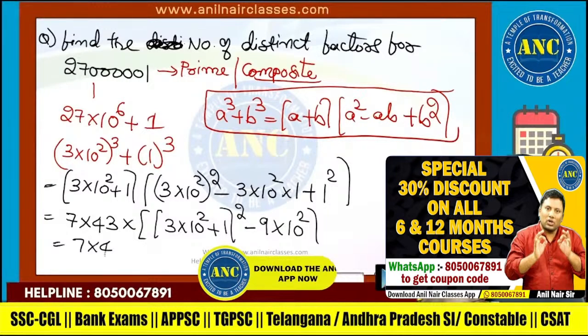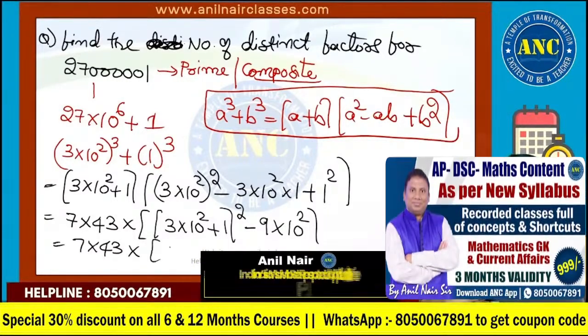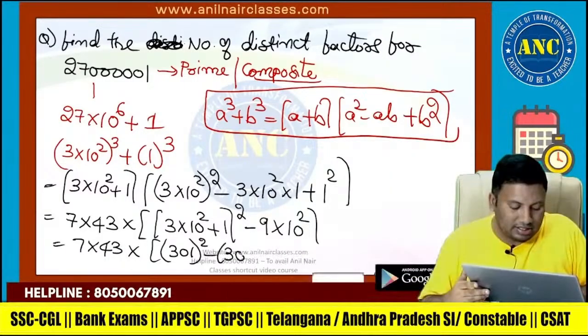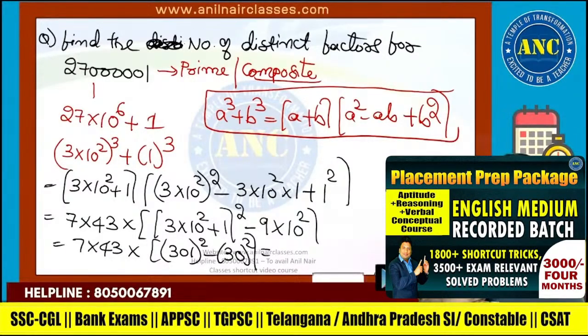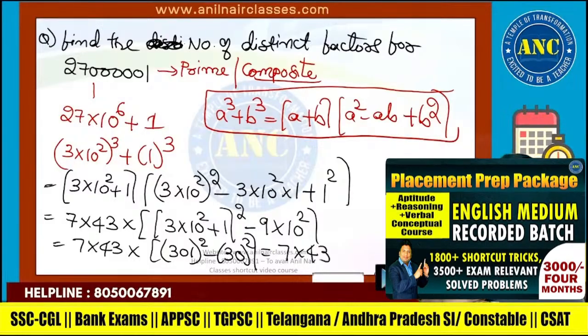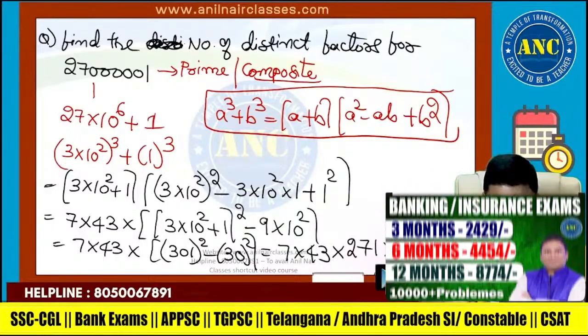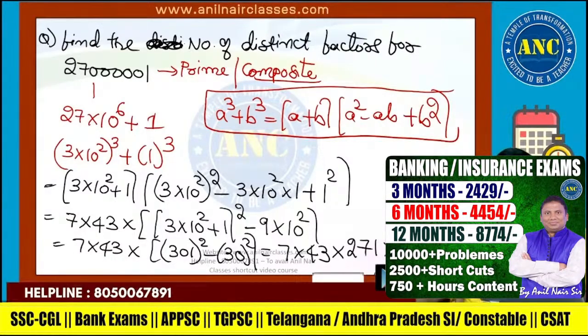These 7 into 43 are nothing but 301 whole square minus 30 whole square, so it is A square minus B square. So these are 271 and next it is 331.